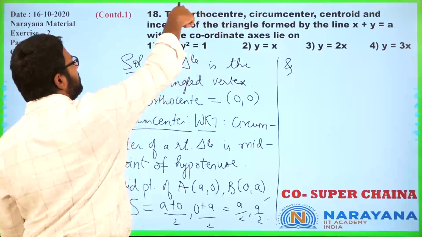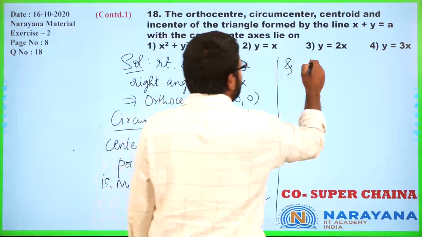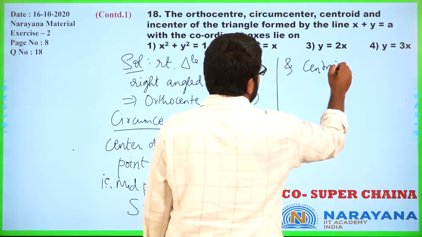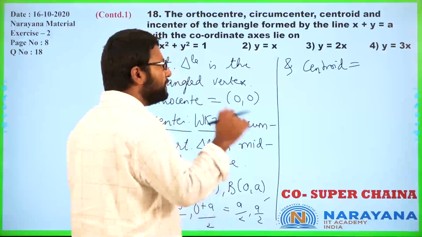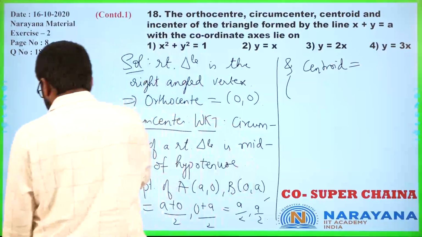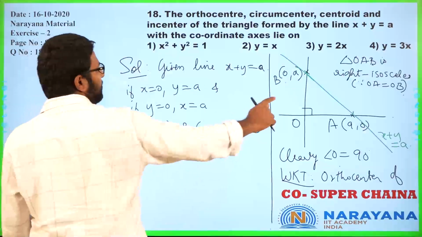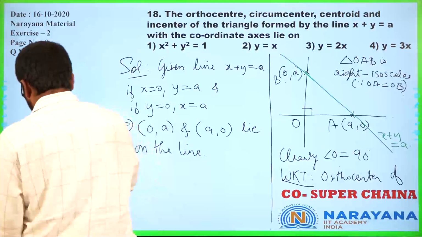And what else do we know? We know the centroid. Centroid is simply sum of vertices upon 3, right? So look at the vertices, 0 comma 0, A comma 0, 0 comma A, right?